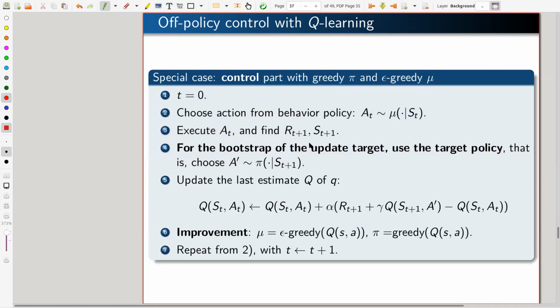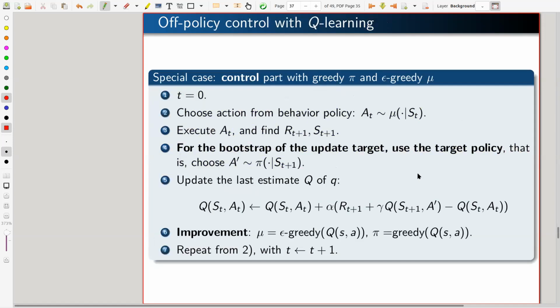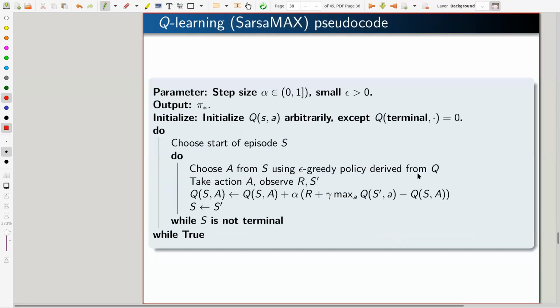In this case, this is more clear, I guess. Now, this is the algorithm. Try following me here.